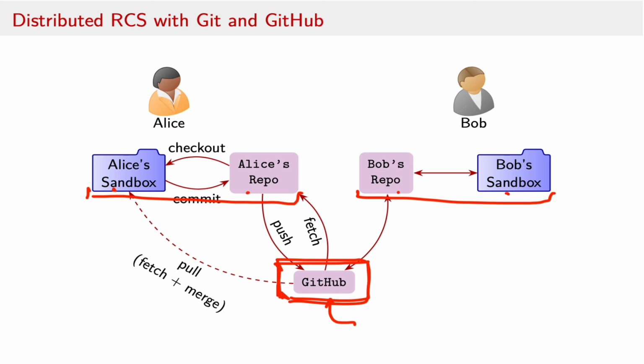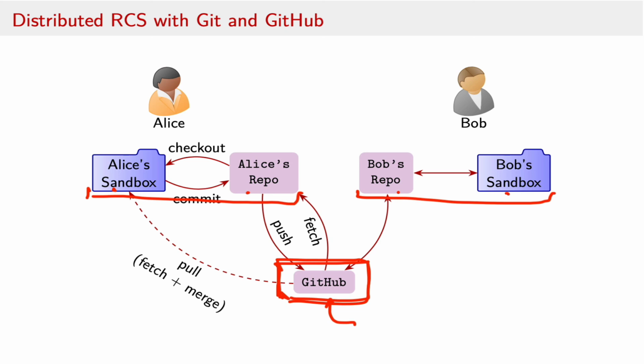One more thing about this slide that I'd like to point out, and we'll drill into this in more detail later, is the commands and the flow of information that's employed when you're using distributed revision control. If we think first about what's going on with Alice's sandbox, she, of course, can access her local repository and use it however she sees fit in her personal workflow.